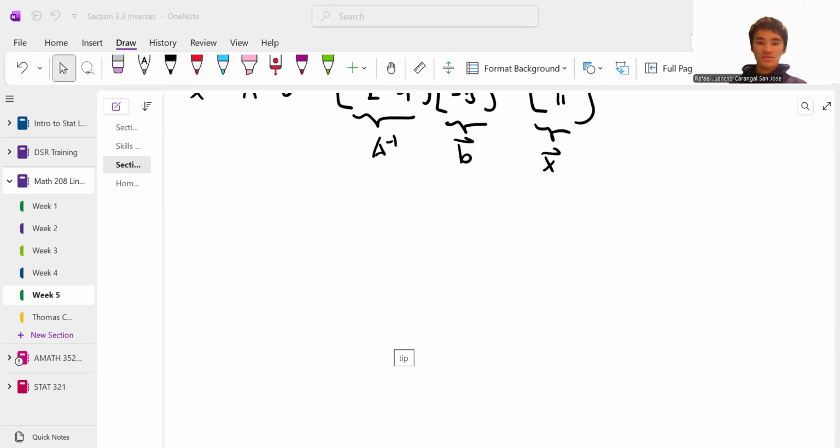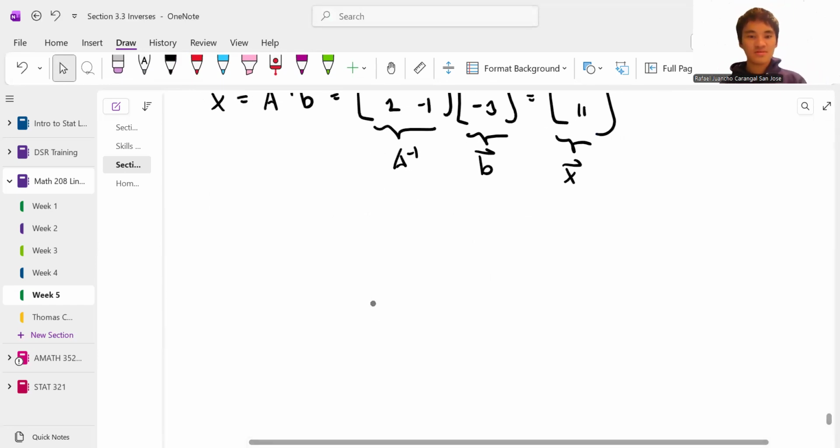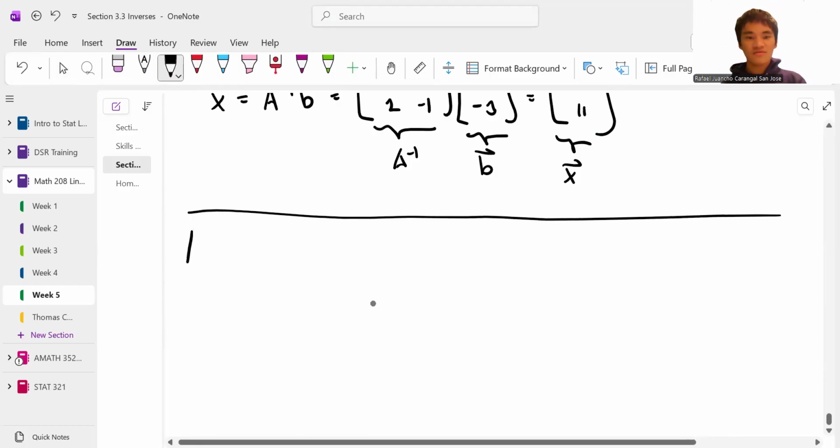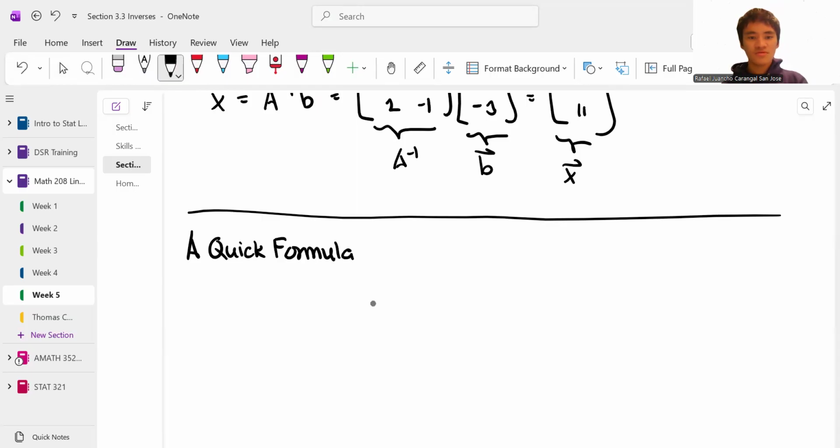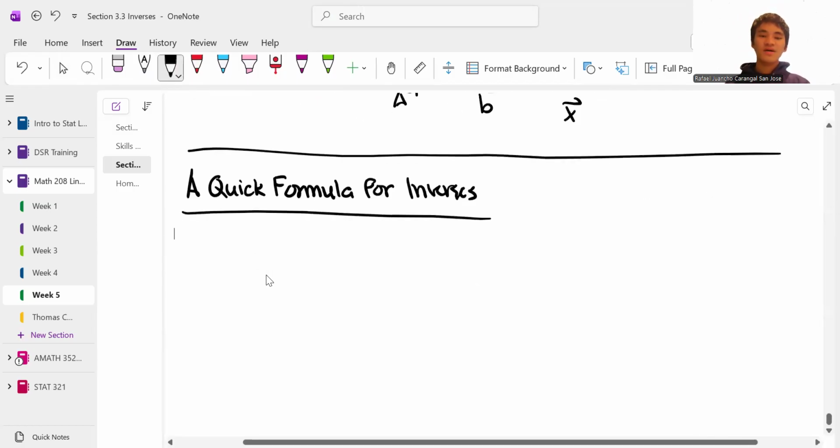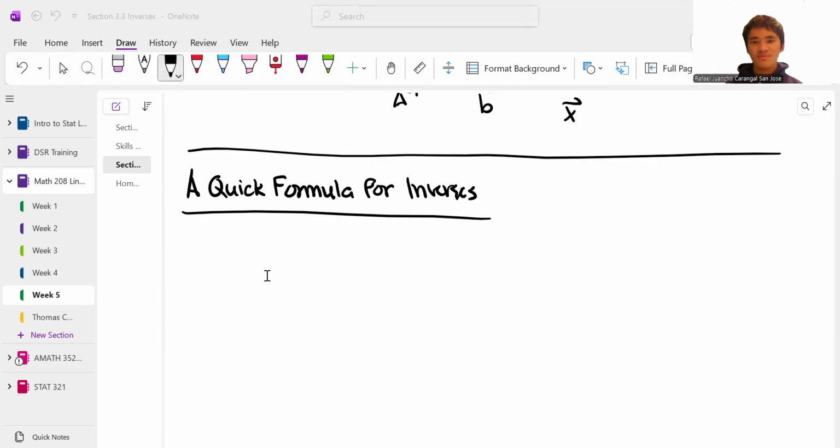Okay, now here's going to be a fun part. A quick formula for inverses. It's so bad that for every matrix, we have to reduce it to reduced row echelon form, RREF. But there has to be an easier way.